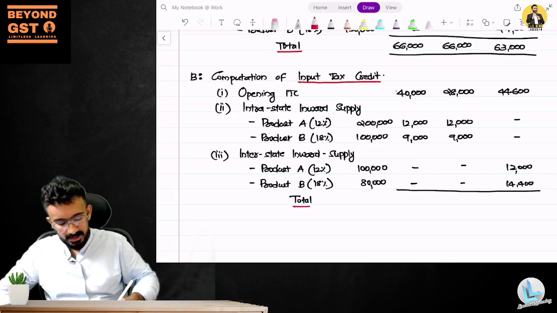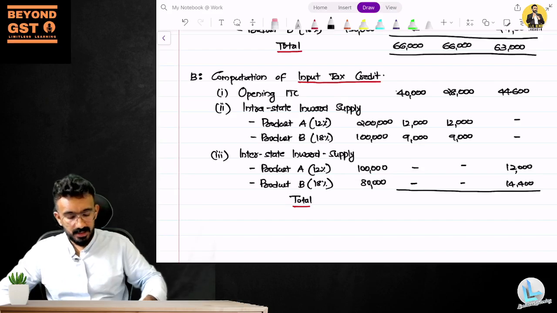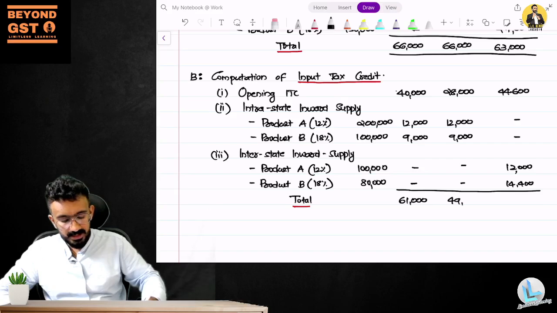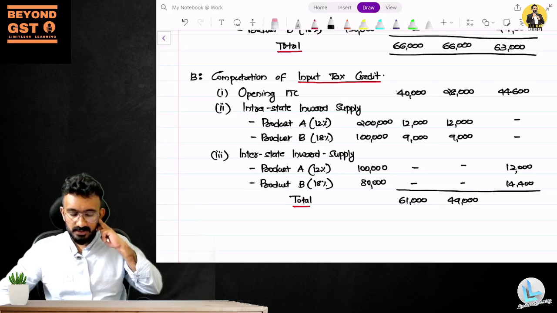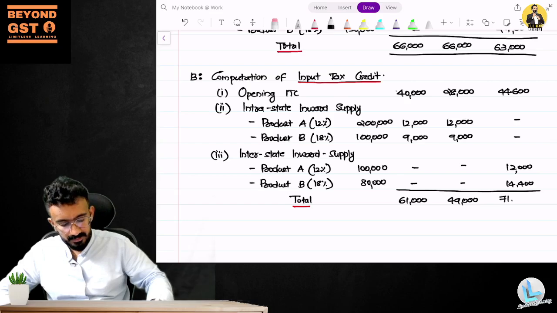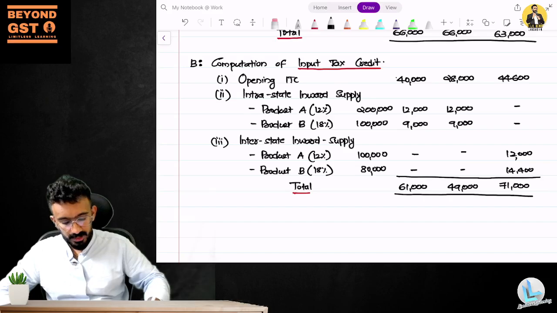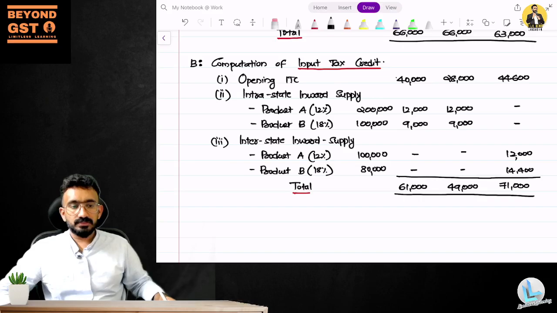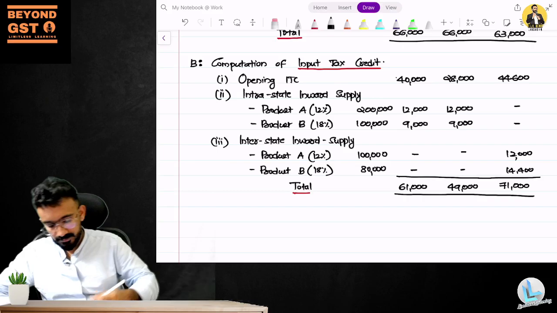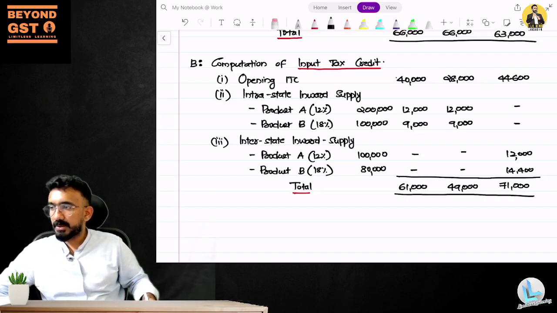Again, I'm only totaling the GST columns. 40 plus 12 plus 9 is 61,000. 28 plus 12 plus 9 is only 49,000. 44,600 plus 12,000 plus 14,400 is how much? 71,000. Right? Are you guys with me here?